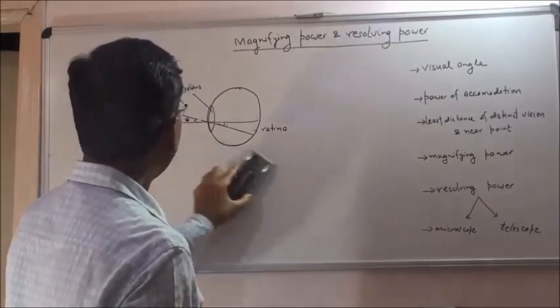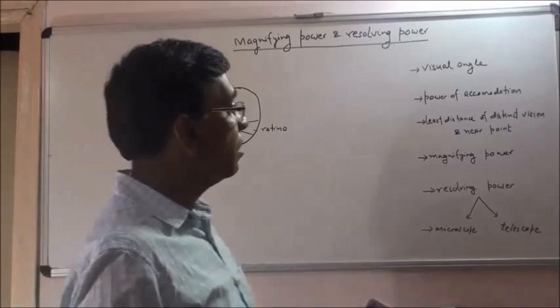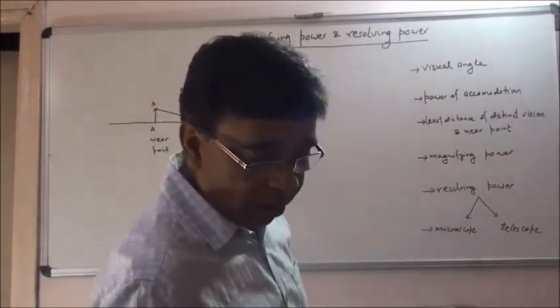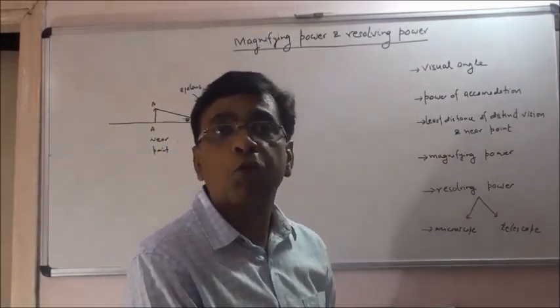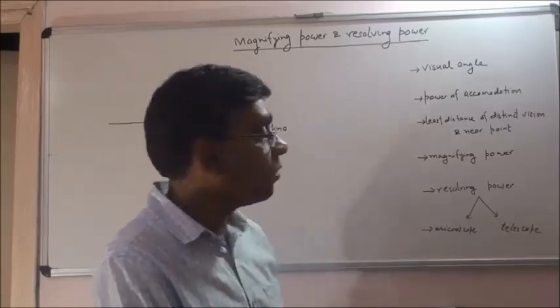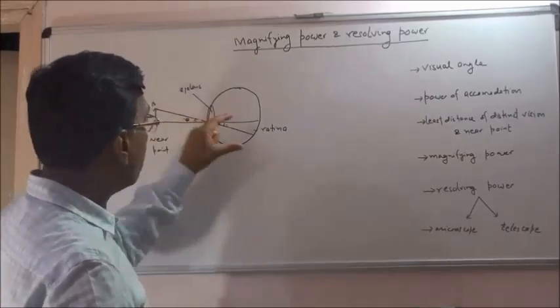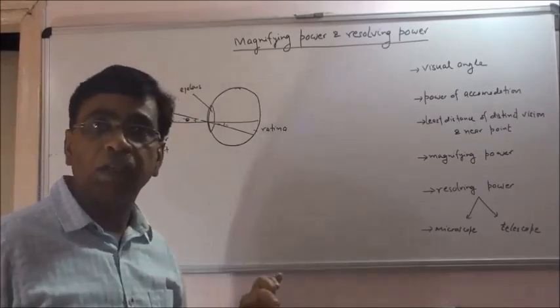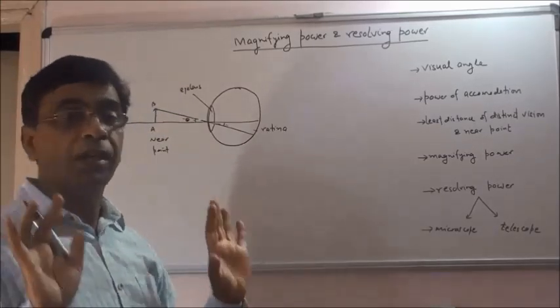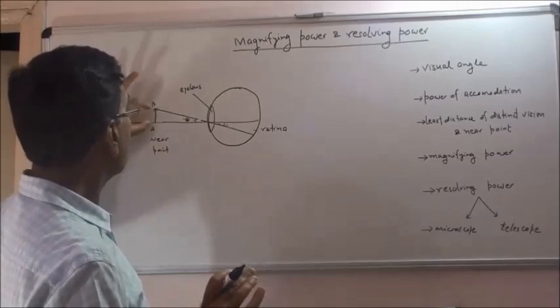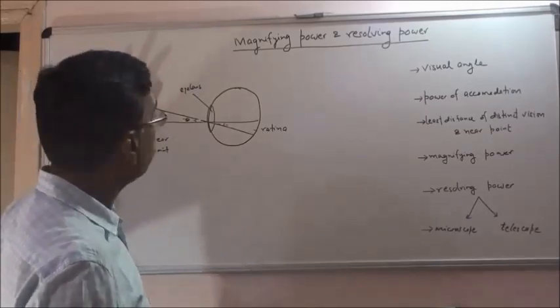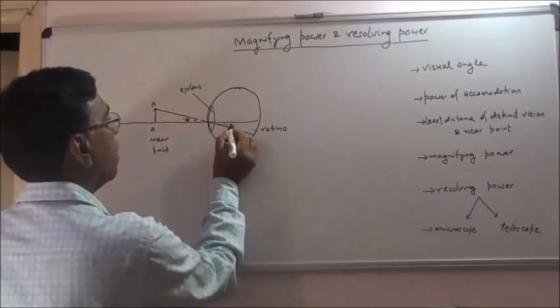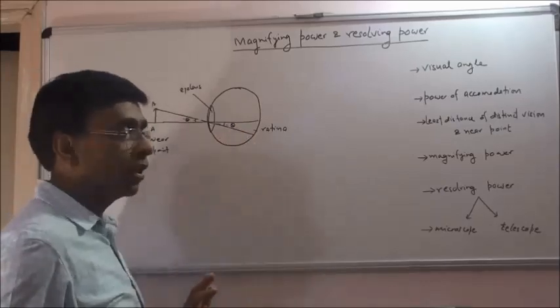Magnifying power is the ability of an instrument to magnify. See, this is for a microscope. So this is the maximum size of an object that we can see even without using any instrument. This is the height of the object and this is the visual angle subtended by the object.